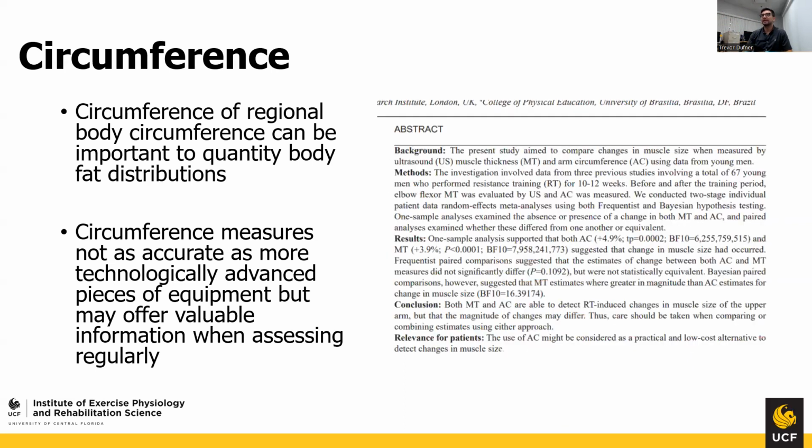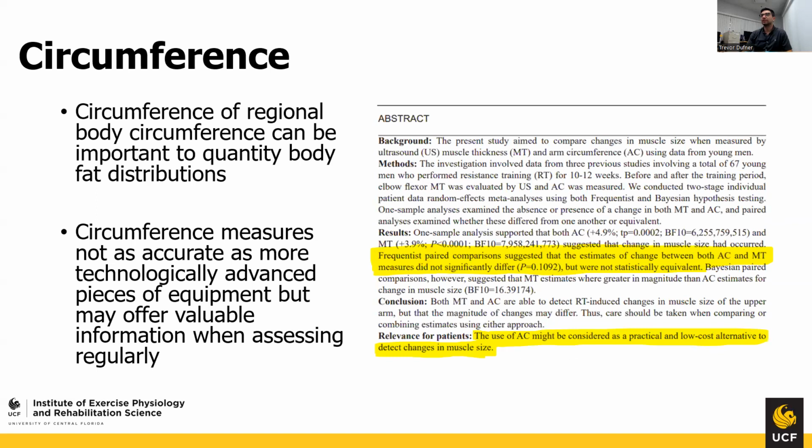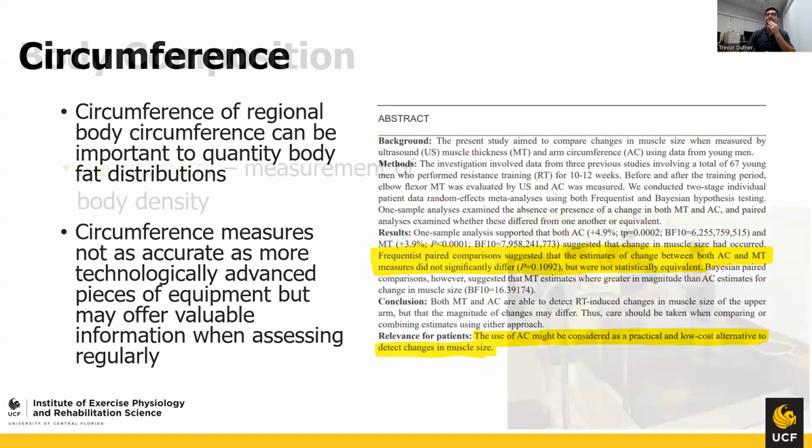Essentially this is a low-cost alternative to the technologically advanced methods. However, if you're trying to be as thorough as possible, you'll want to use more in-depth, more advanced methods. But if you're working with a lot of people and just trying to track things in general over time, circumference measures are a pretty useful technique.